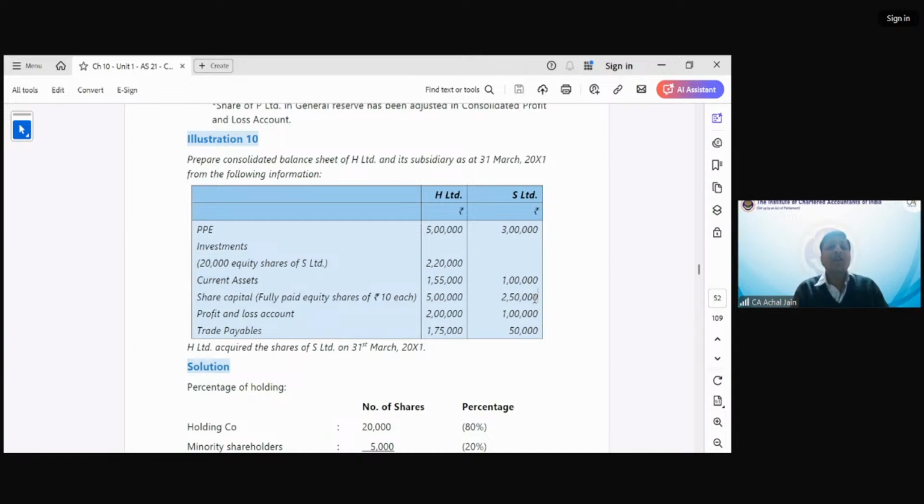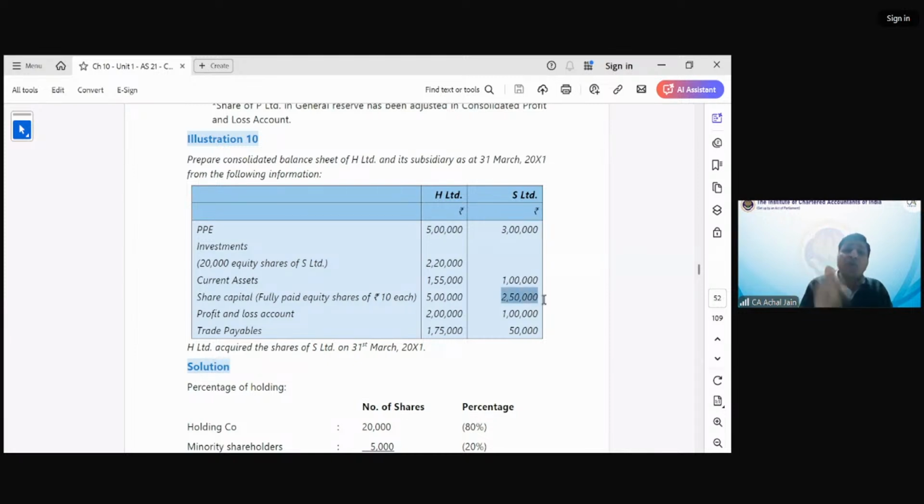So these two will get knocked off, and we have already knocked it off while computing goodwill or capital reserve. We use this cost of investment, and we use the net assets of the subsidiary. So for the subsidiary, you will not pick up the capital.